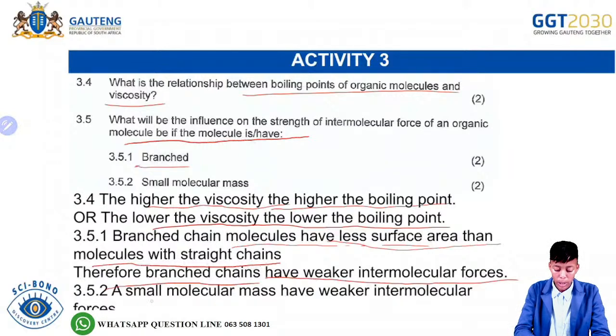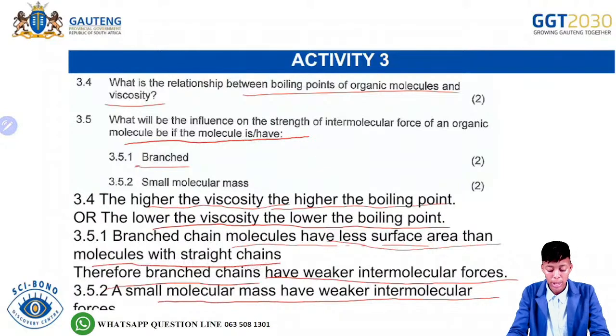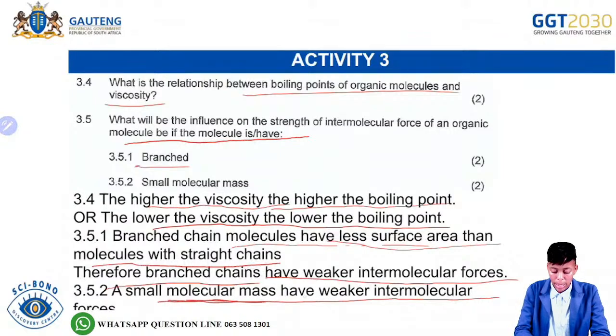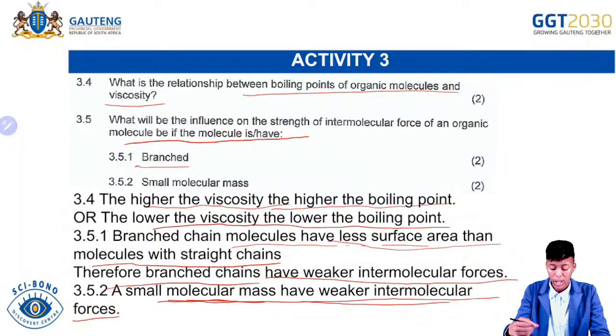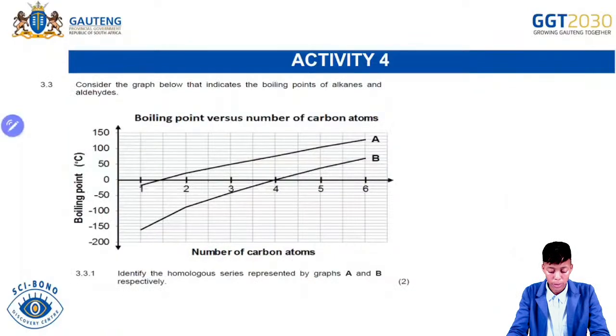A small molecular mass will have weaker intermolecular forces. So if you have a bigger molecular mass, it's the opposite, you will have stronger intermolecular forces.